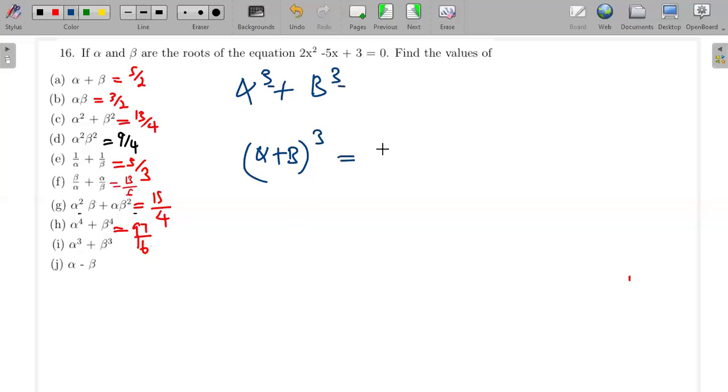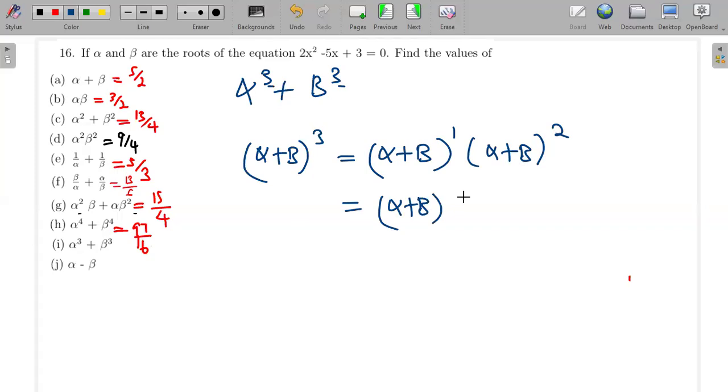So this will be equal to alpha plus beta, and then alpha plus beta squared, because this is power 3. So when I multiply this, I get back this. But I already have the identity for alpha plus beta squared. In fact, let's just expand.